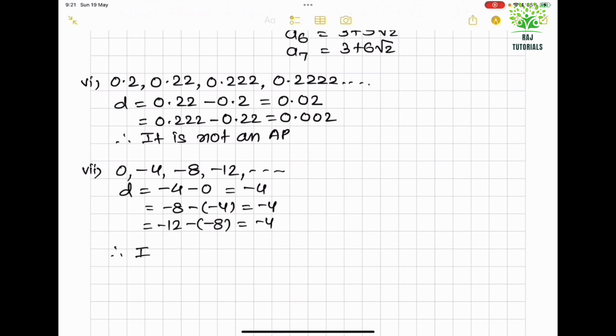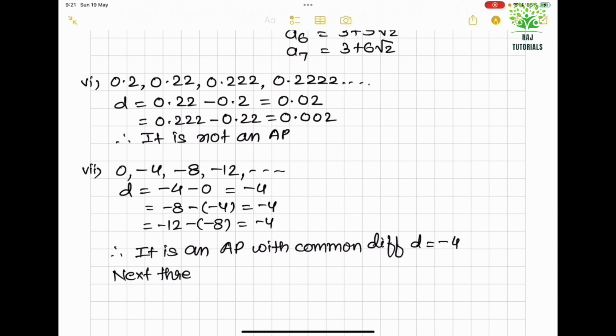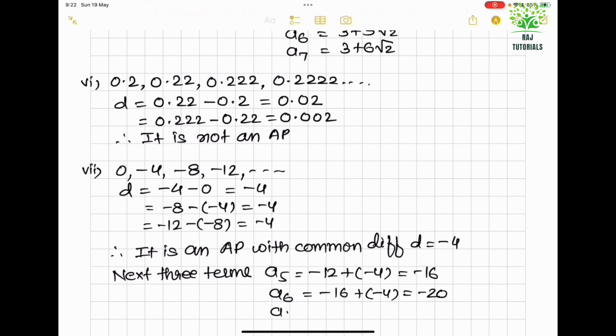So therefore it is an AP with common difference D equal to minus 4. Next three terms, A5 equal to minus 12 plus minus 4, that is minus 16. A6 will be minus 16 plus minus 4, that is minus 20. And A7 will be minus 20 plus minus 4, that is minus 24.